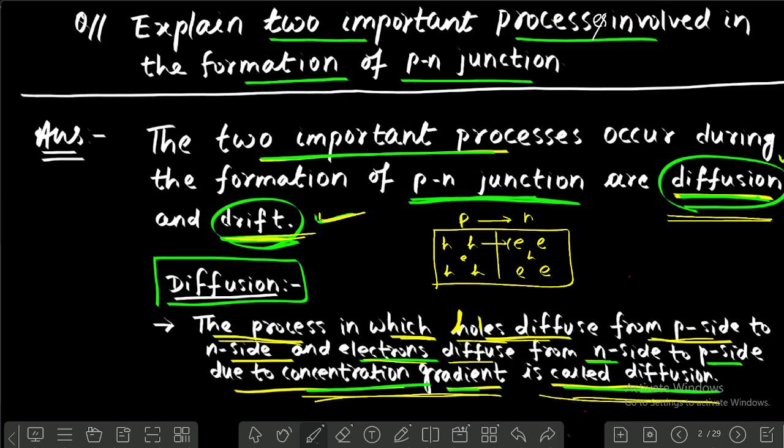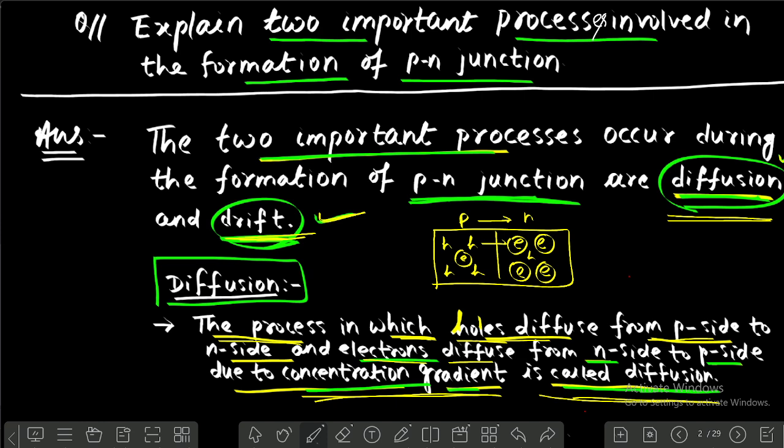Similarly, the number of electrons in N side is more than in P side. So concentration of electrons is more in N and less in P side.